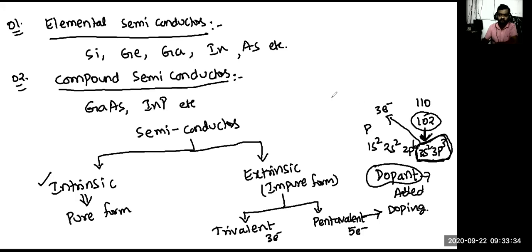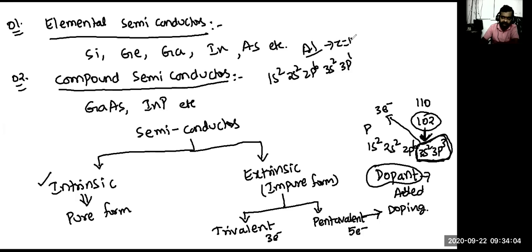Suppose any substance, let us consider 2s2, 2p6, 3s2, 2 electrons are there now. To get 5 we need 3p1. Now see here, aluminum is there.